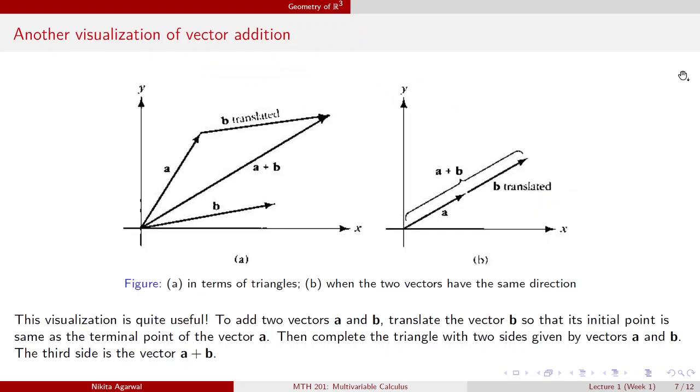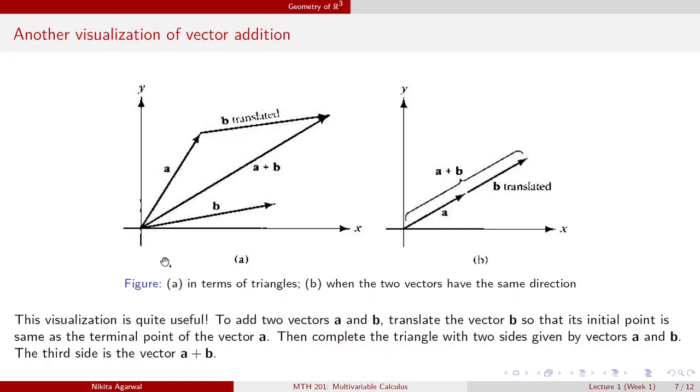Now you can visualize vector addition in a different way. Let us look at this picture on the left, where you have these vectors a and b starting at the origin. Earlier we were drawing a parallelogram, and looking at a plus b as a certain diagonal of this parallelogram. But now I am going to draw a triangle.